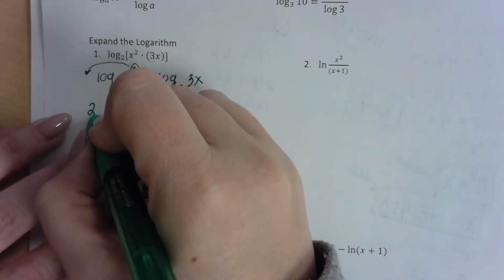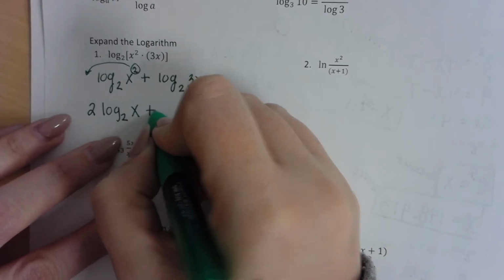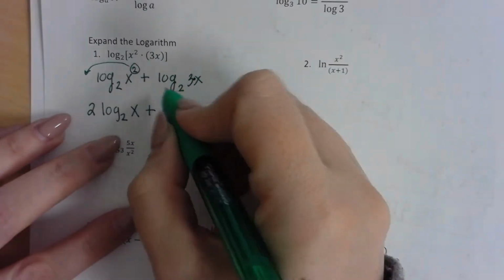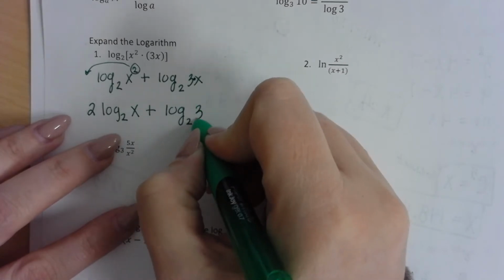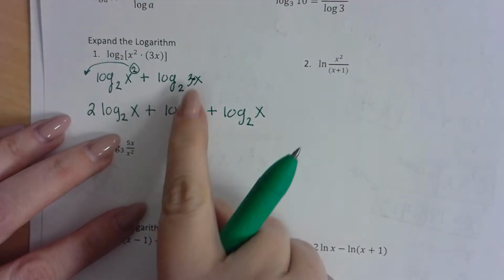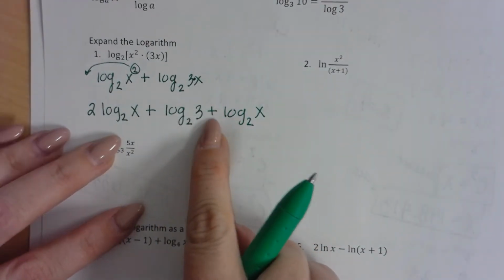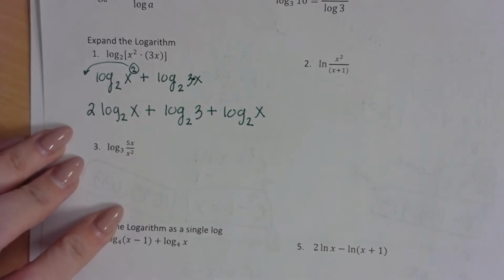So this is going to become 2 log base 2 of x plus, now this is still multiplication, so I can break that up again: log base 2 of 3 plus log base 2 of x, right? Multiplication gets expanded with addition. There's nothing else I can expand, so that's my final answer.